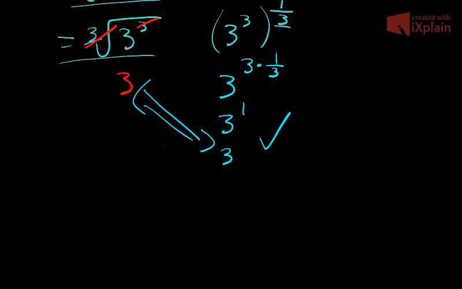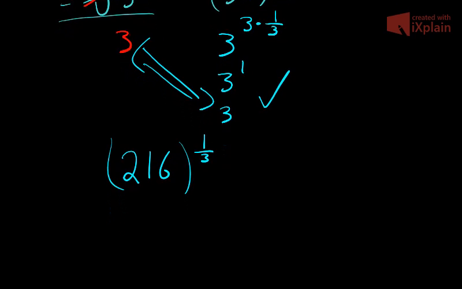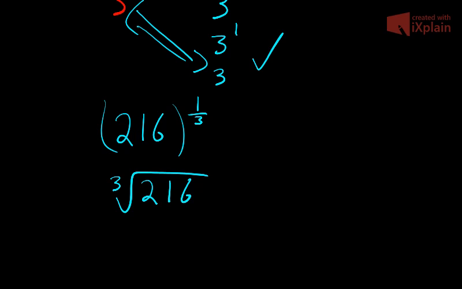So if I want to find, let's do 216 to the 1/3, what I'm going to say is that this is the same as the cube root of 216. I also know that 216 is 6 cubed. If you can't find that right away, guess a number and then go up and down from there.